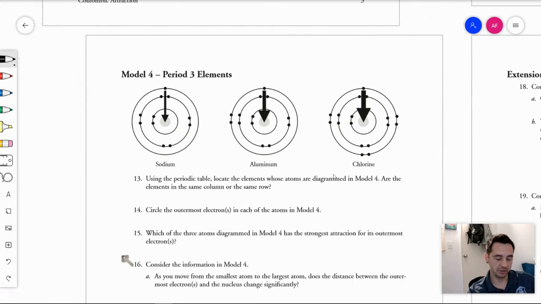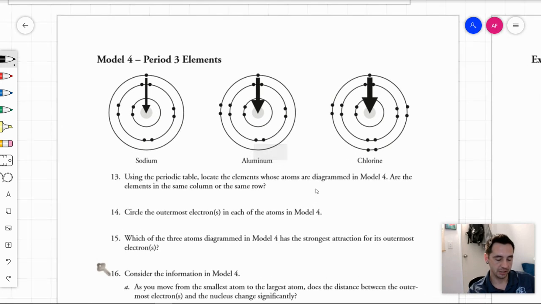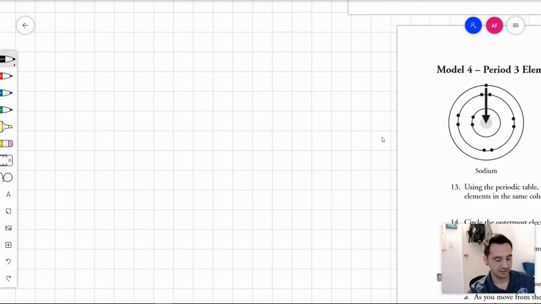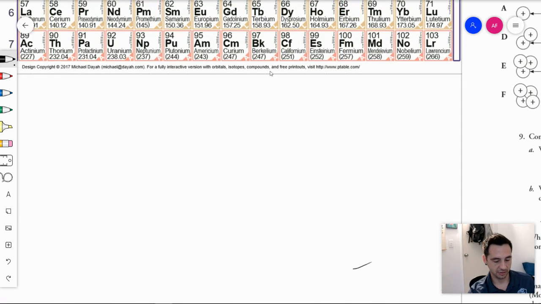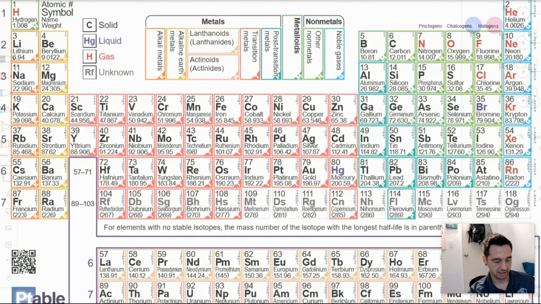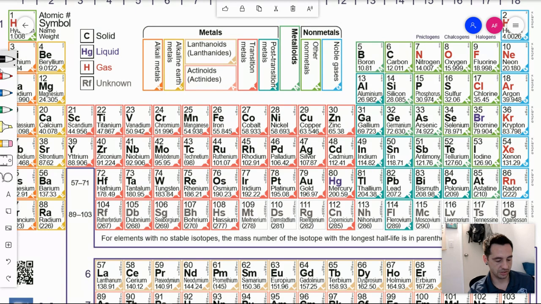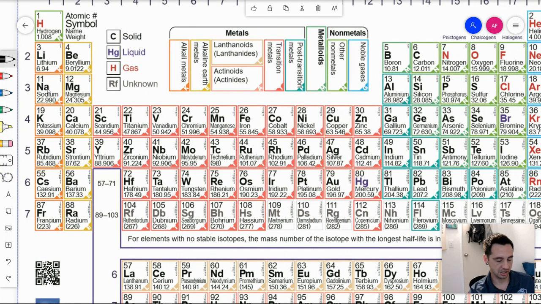We have sodium, aluminum, and chlorine. Using the periodic table, locate the elements diagrammed here. If we look at the periodic table, we're looking at sodium, which is here.